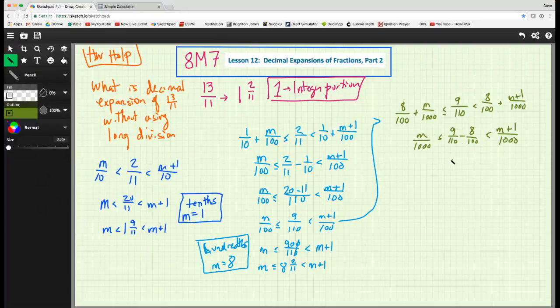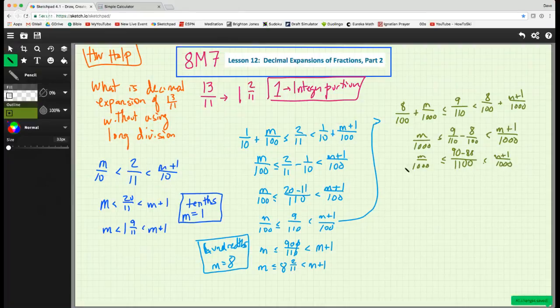Well, we have to simplify this guy. Our common denominator is going to be 1,100. So this is 90 minus 88 is less than or equal to m over 1,000 is less than m plus 1 over 1,000.